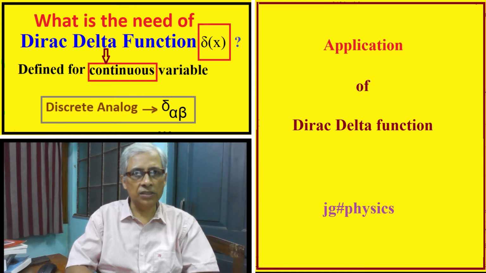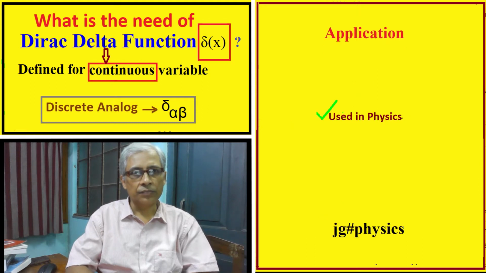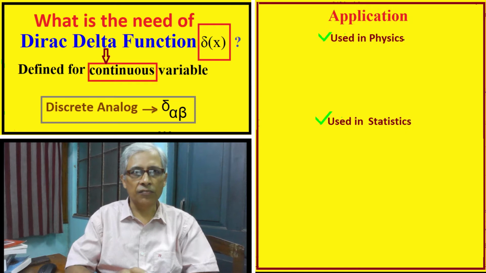Let us focus attention on the right slide. Dirac delta function that we will be defining soon has many applications in various branches or disciplines. In other words, Dirac delta function is a widely used quantity, that is, it is very popular. You can find Dirac delta function widely used in physics.